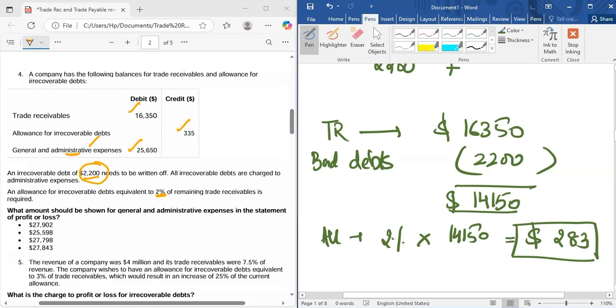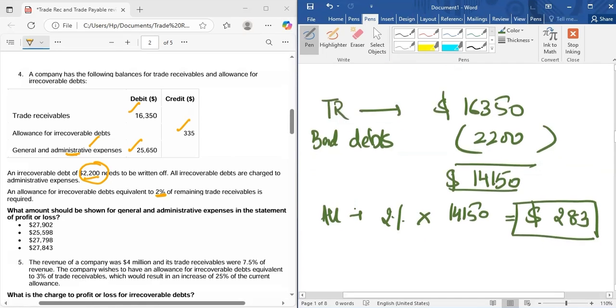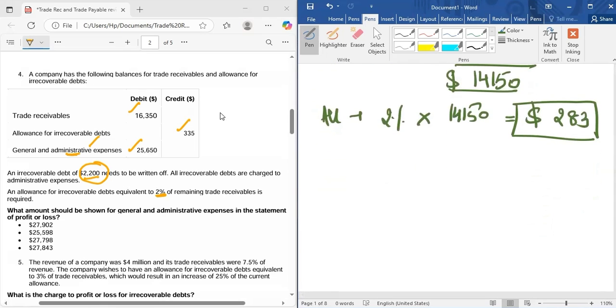In question number one, they specifically told us that there was no allowance for receivables. Initially we didn't have any allowance for receivables. But in this question, we already had an allowance of 335. Our initial allowance was 335. But I only need an allowance of 283.